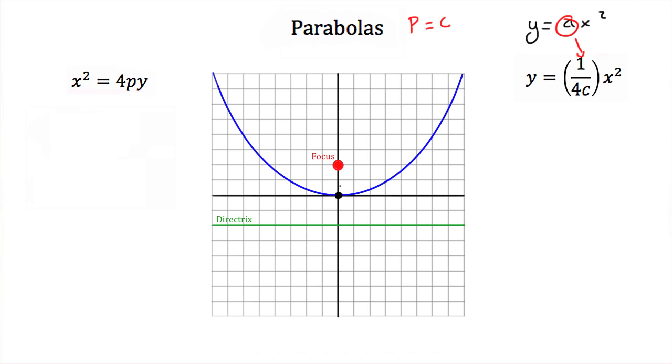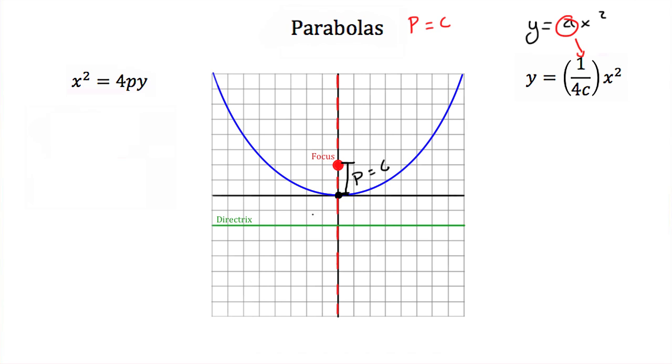Now remember, both our vertex and our focus are on the axis of symmetry. So if we go from our vertex to our focus along the axis of symmetry, we'll find that this is p distance away. Or if you're using the other standard form, it's c distance away.